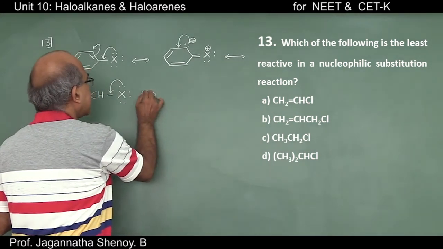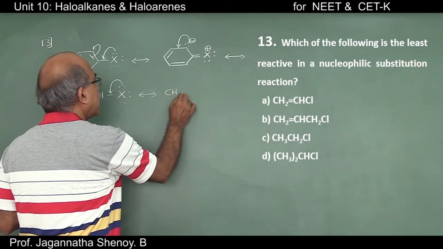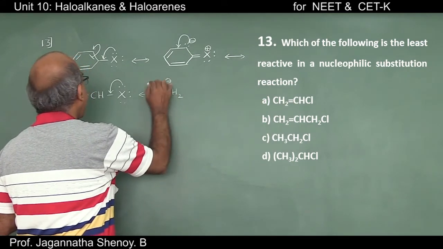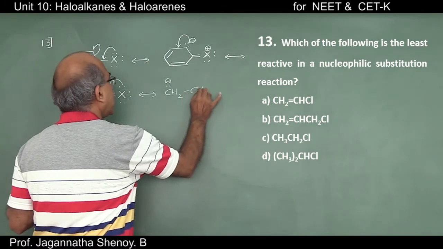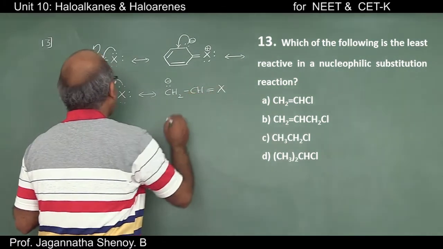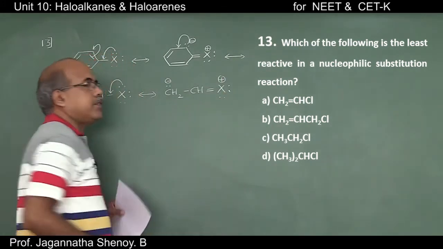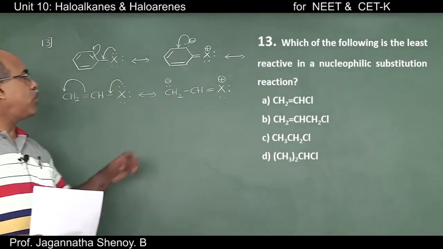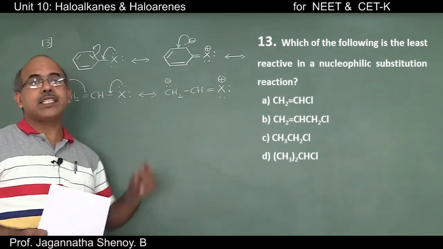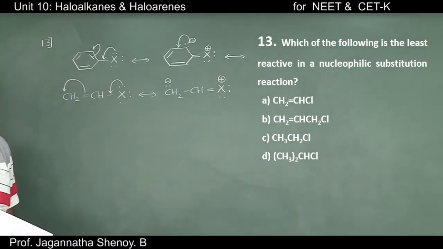I can write the resonating structure now. CH2 will have a negative charge, single bond, CH double bond X. So on X, I will have a positive charge. Here again, you observe that carbon halogen bond has a partial double bond character.